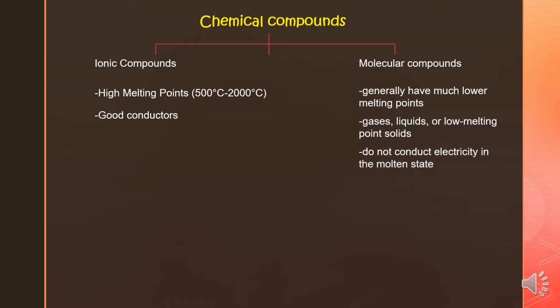Ionic compounds, unlike molecular compounds, do not have molecules as their basic structural unit. Instead, an extended array of positively and negatively charged particles called ions is present.